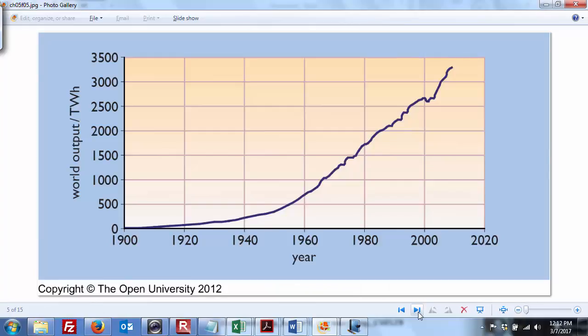Here again, world output, and this is in terawatt hours. You could do a little extrapolation. Say, well, gosh, is there more energy to give?